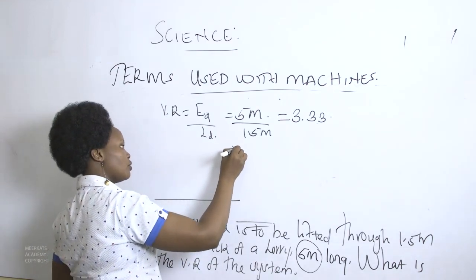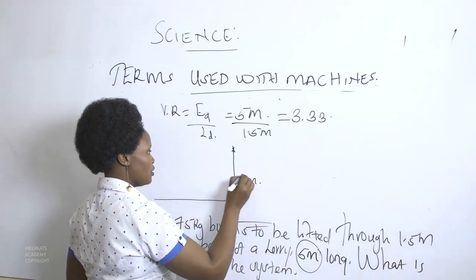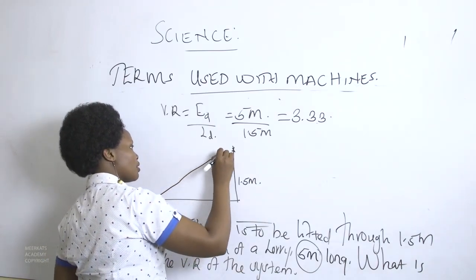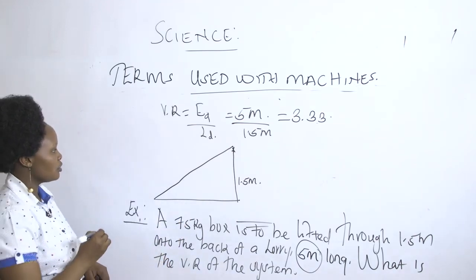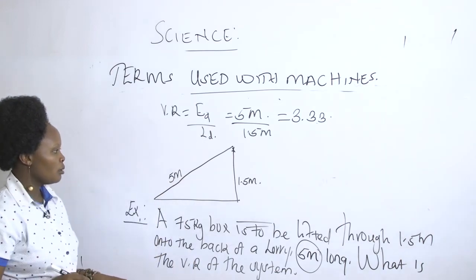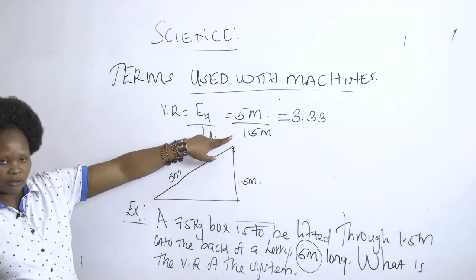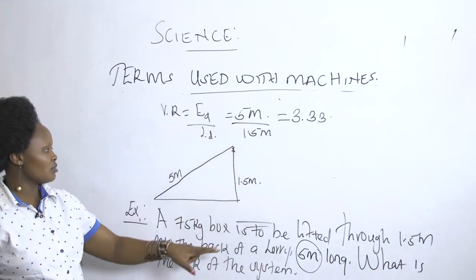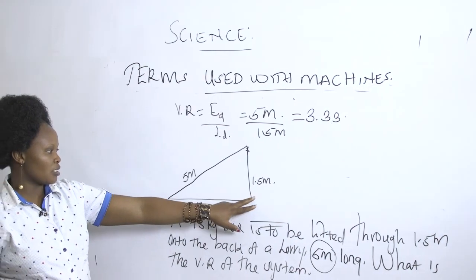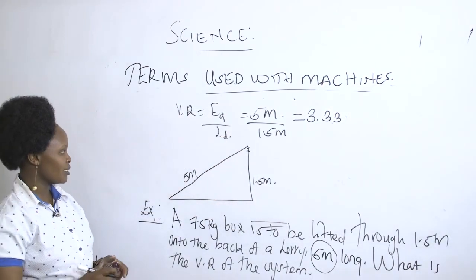Take for example, our load is here on this level. We want it to go to the back of a lorry 1.5 meters high, and we want it to follow this path, that inclination, which is 5 meters long. But in essence, the height to which we lift the load is actually 1.5. Doesn't matter what path is followed, but the end result is actually a lifting of 1.5 meters.